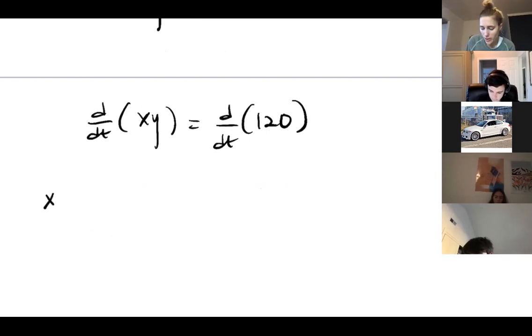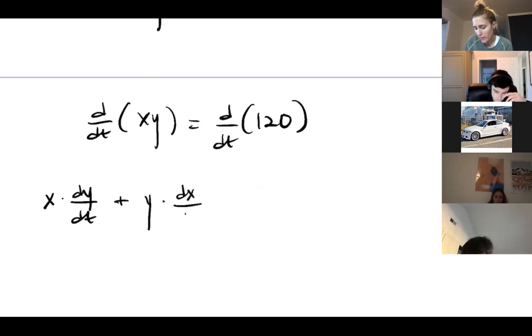So first factor times the derivative of the second factor with respect to t would be dy over dt, plus the second factor times the derivative of the first factor with respect to t would be dx over dt, equals 0.